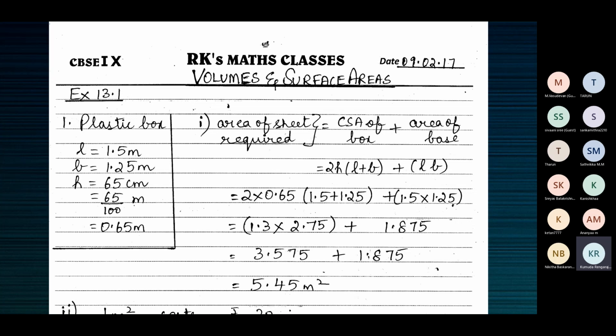Determine the area of the sheet, that is a plastic sheet, required for making the box. So you need to find the area of the plastic sheet required to make the box. This plastic material will be used to build the four faces, front, back, and the two side faces, left and right.